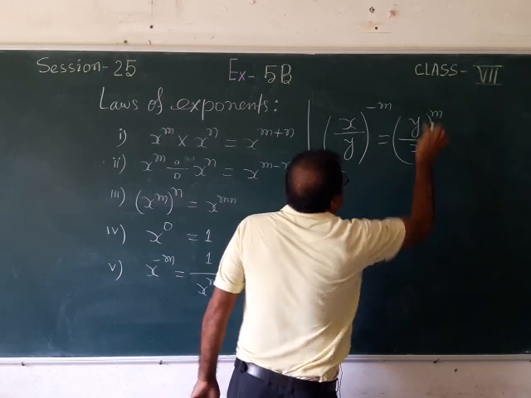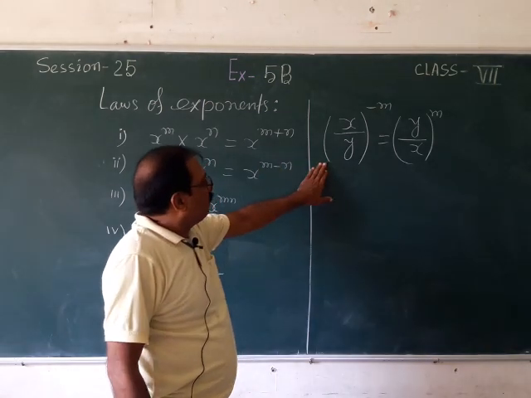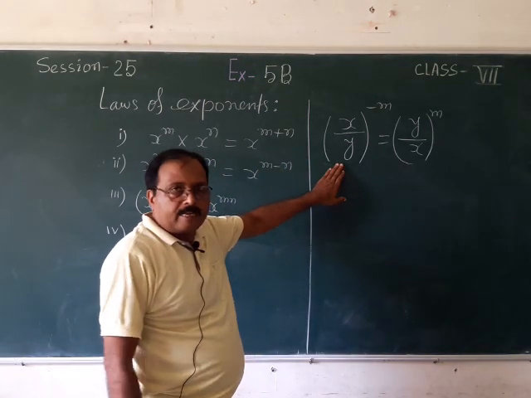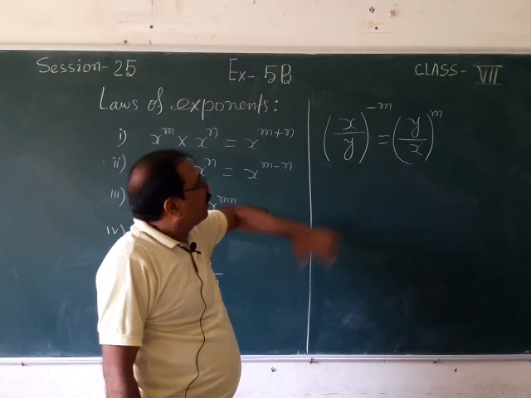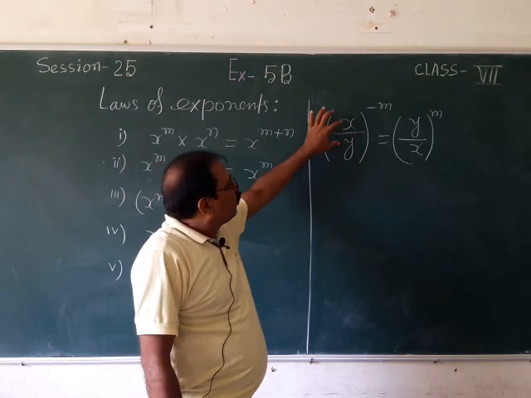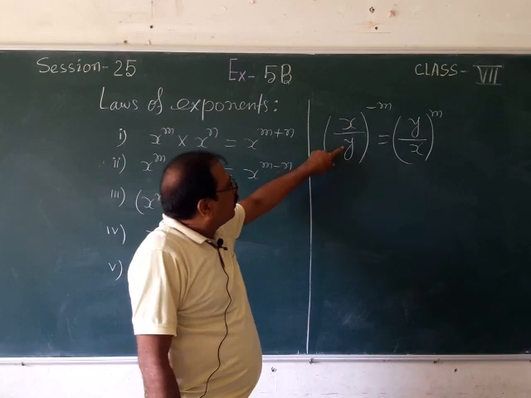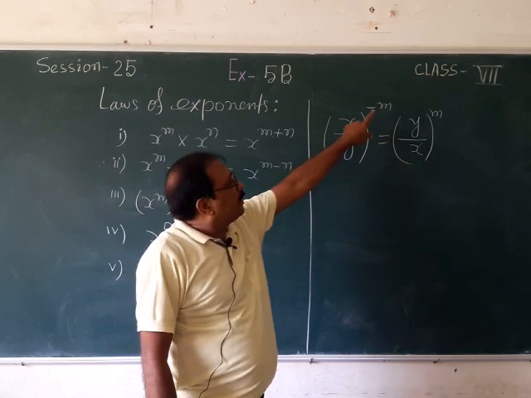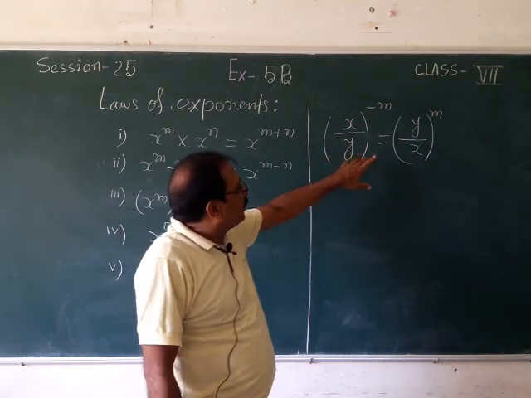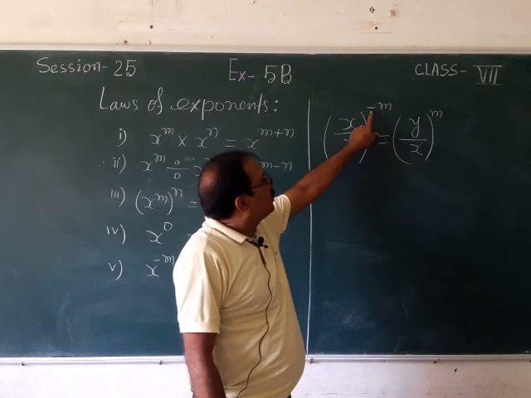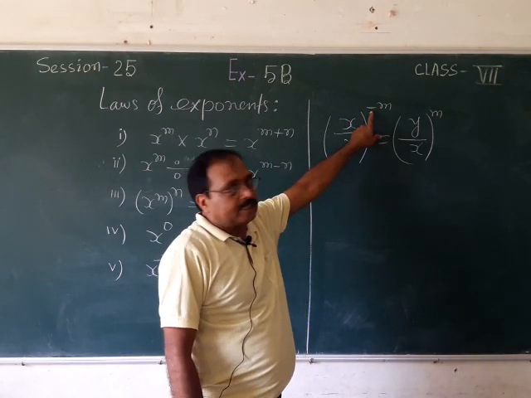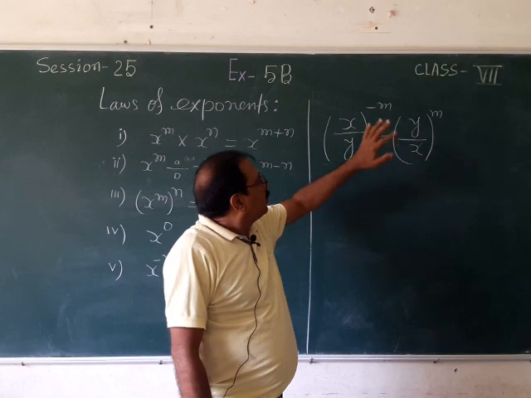These are some special cases for any fraction. If you are having a fraction and it is having negative power, what you will do is just write the reciprocal of that number. x by y is there, and here power is negative, so I can write it y by x, and this negative power will be omitted.